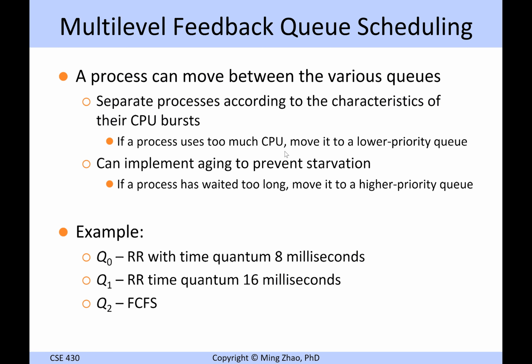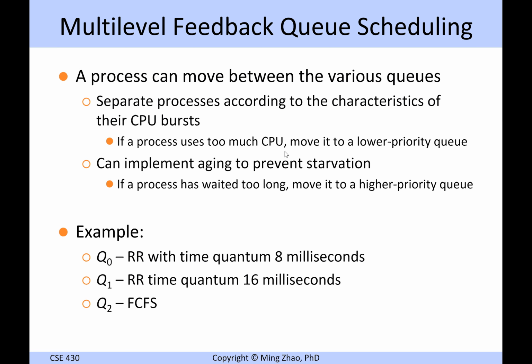This is quite similar to the aging we talked about before when we were discussing priority scheduling. Remember that priority scheduling is a scheduler for a single ready queue. In order to implement aging, we just gradually increase the priority of a process that has been waiting to be scheduled.